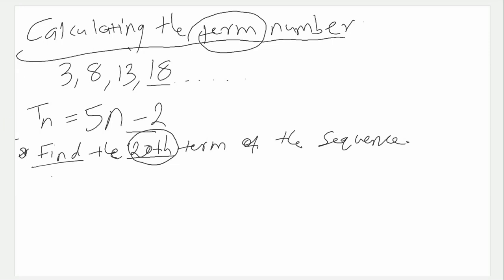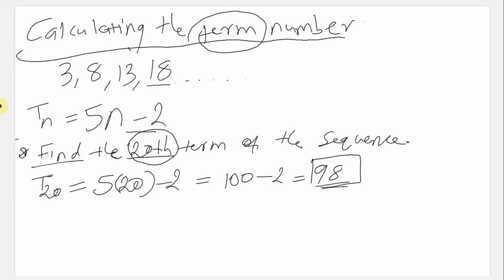So for the 20th term, you'll have T20, which is 5 times 20, minus 2. Then 20 multiplied by 5 is 100, minus 2, which is 98.